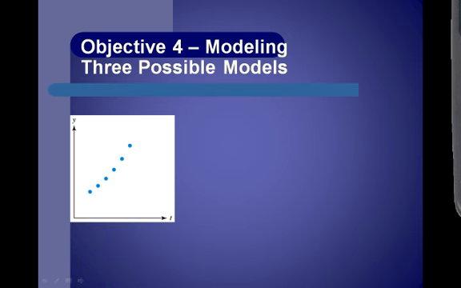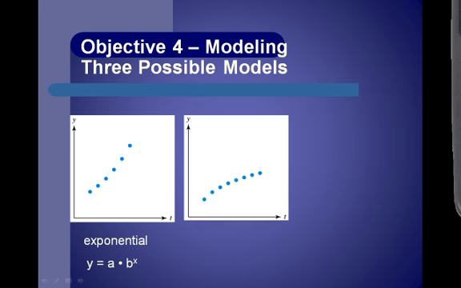Do you remember the 3 possible models we just talked about? If the graph is getting large very quickly, that was our exponential model, which is y equals ab to the x. The second graph, they get larger, but they get large very slowly. That was our logarithmic graph, and our formula looks like y equals a plus b times the natural log of x.